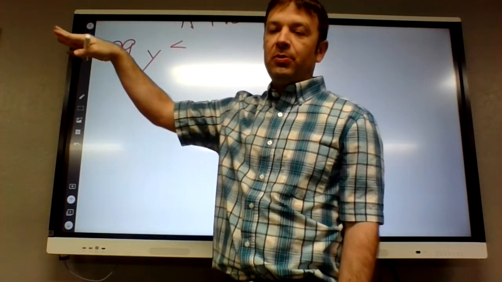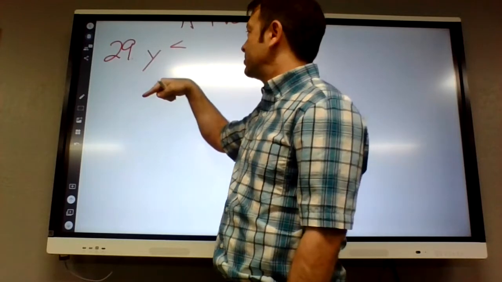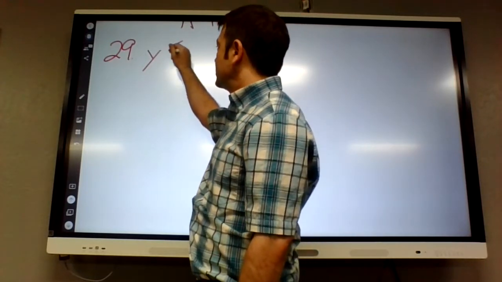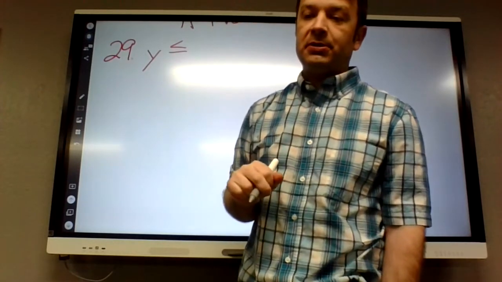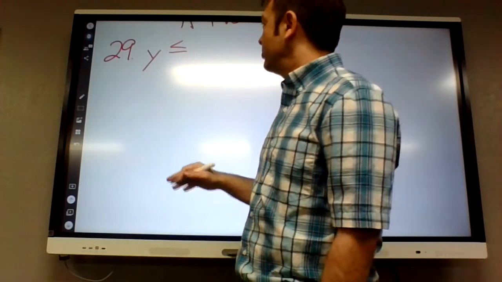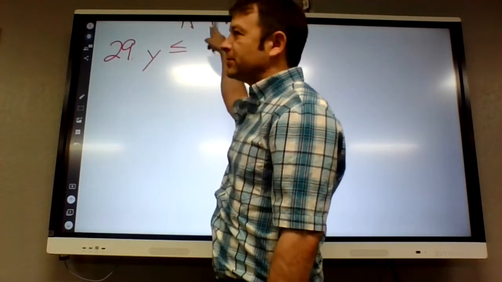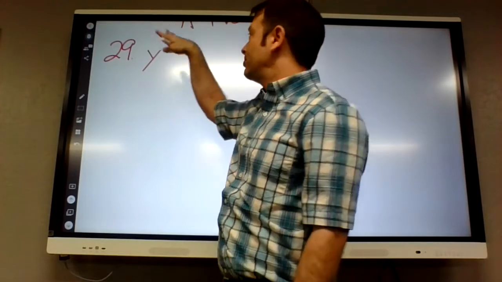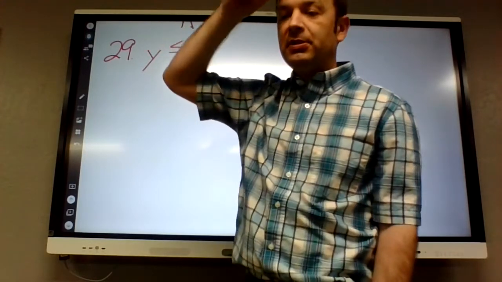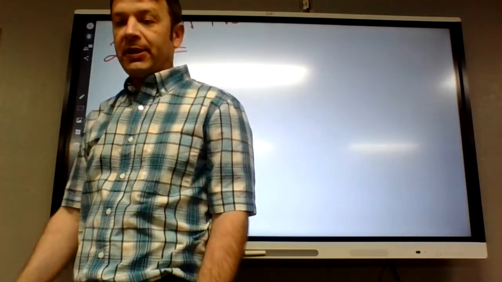Is it less than or equal to? Less than or equal to, because the line is solid. Okay, what usually comes next in our mx plus b? The slope comes next. What is the slope of that line?